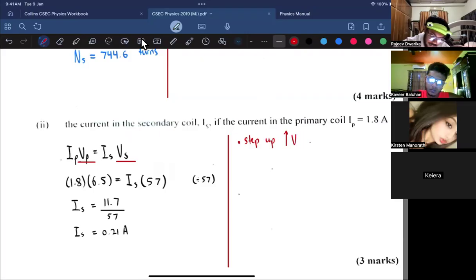The voltage. And what is decreasing? Current. Right. Now the voltage is going to increase by 8.76 times, and the current is going to decrease by 8.76 times.